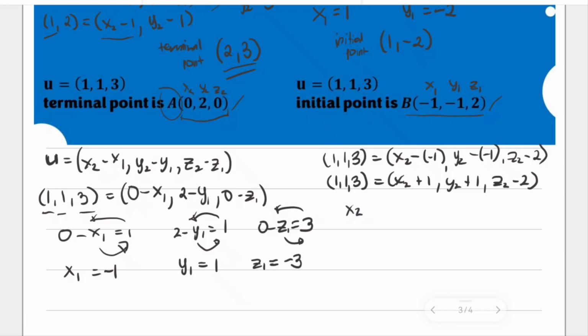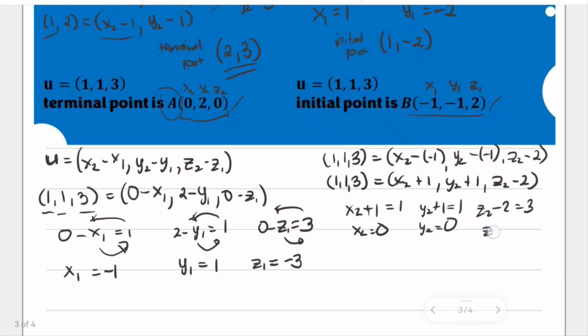x sub 2 plus 1, okay, is equal to 1. So x sub 2 is 0. Then y sub 2 plus 1 is equal to 1. So y sub 2 is another 0. And you have z sub 2 minus 2 is equal to 3.